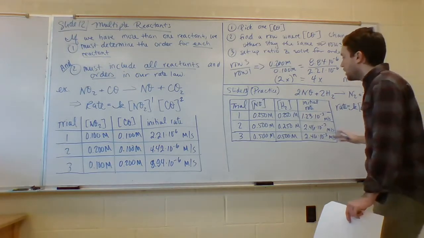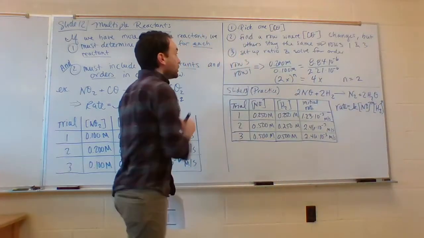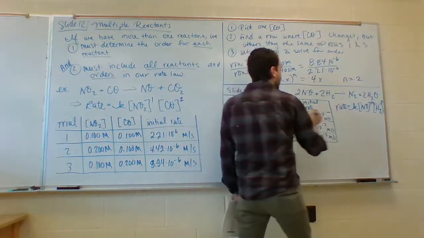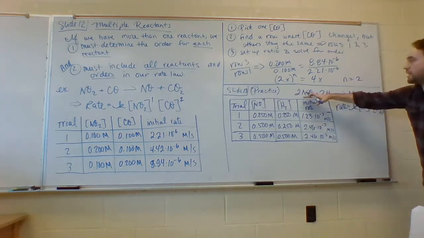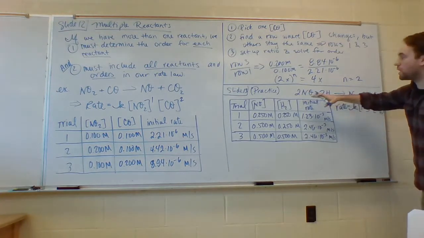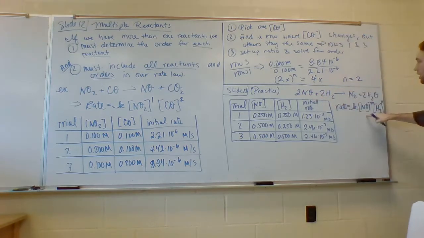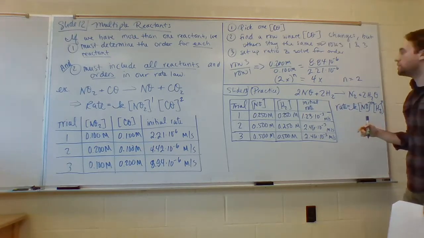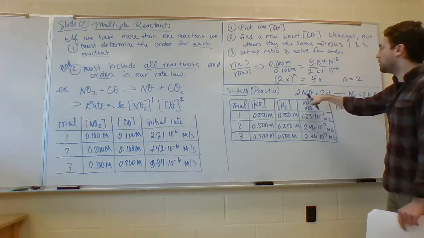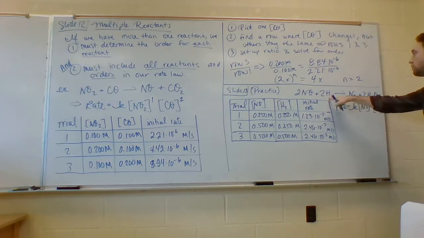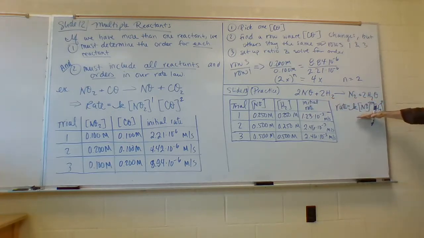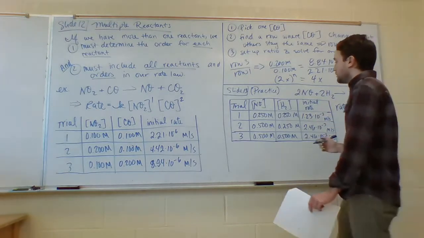So working our way through this, first we're going to pick one of our species. And again, if it appears on the left-hand side, or if we're working from that particular side of our reaction, then we know that all of these components are going to go as our concentrations here. So if I had 2NO and 2H2, then I'm going to have NO and H2 as my concentrations, and then we have to figure out what the orders are from the table.